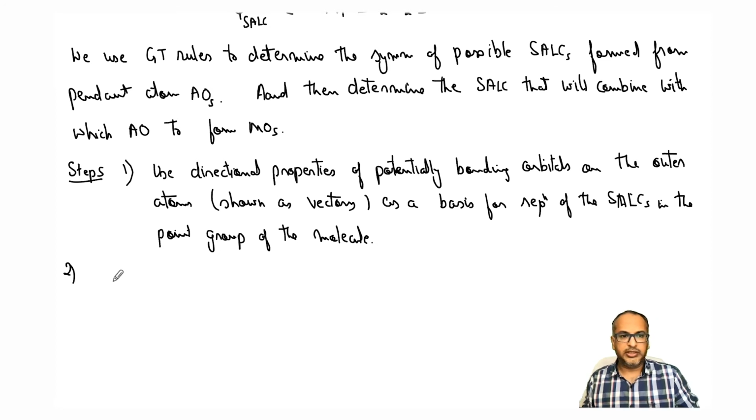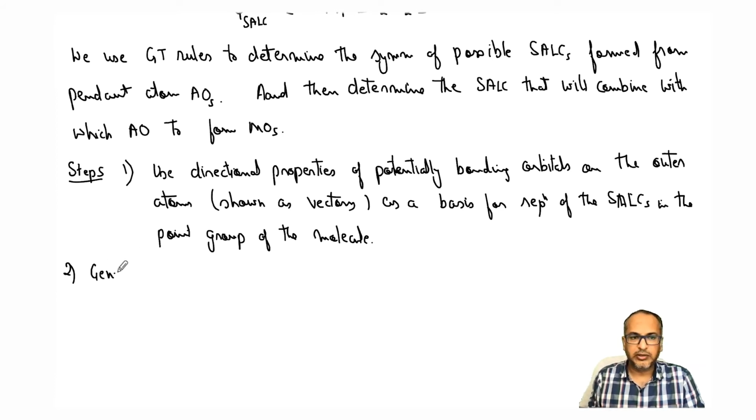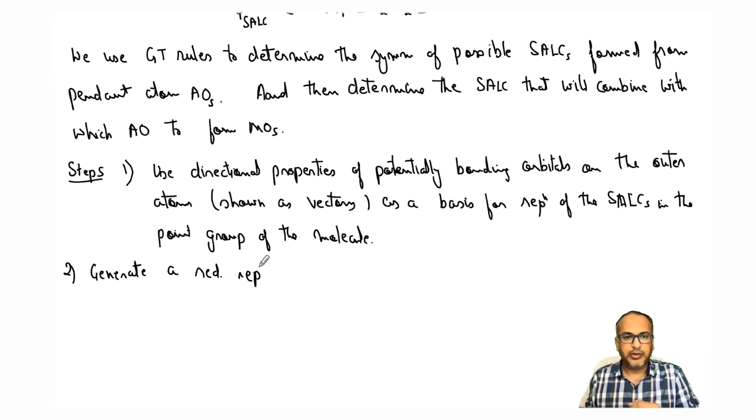so that you have some idea of this thing. So second step is, once you have determined what is the basis you are going to take, then you will generate a reducible representation for all possible SALCs. And this we will not write as explicit matrices under each symmetry operation.